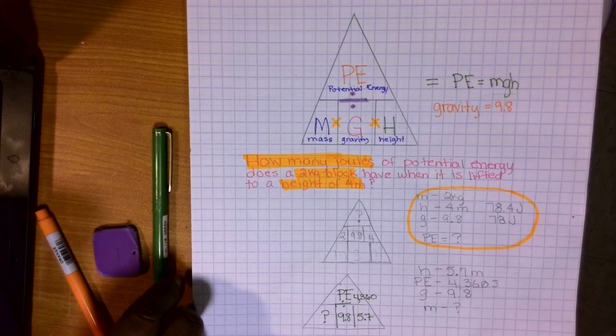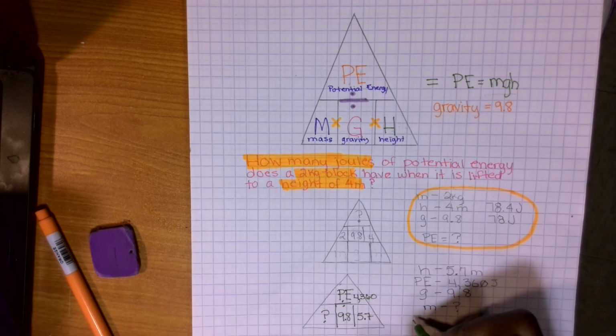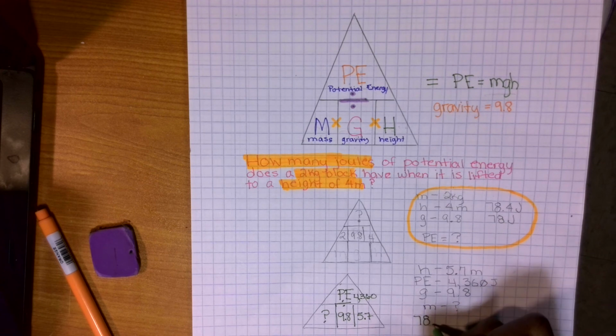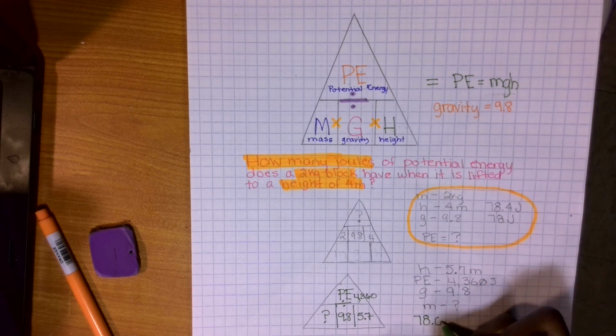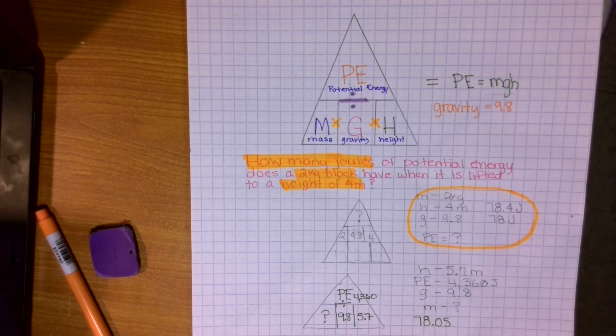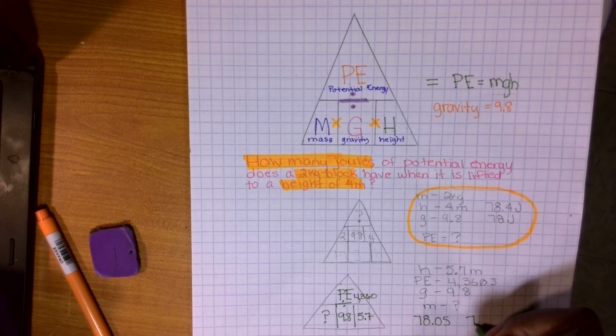And it comes out to be 78.05. You can round this to just 78.